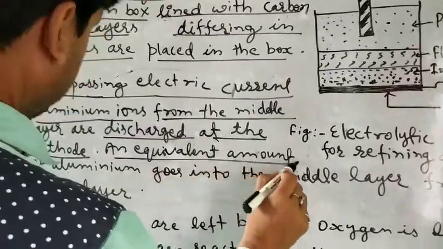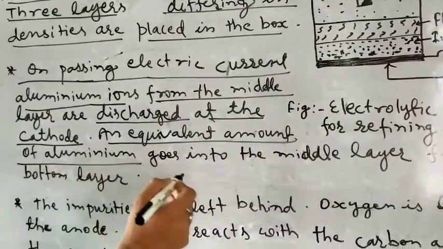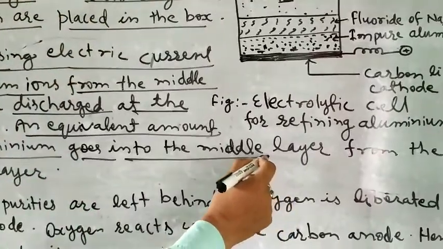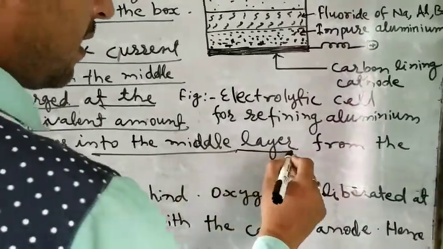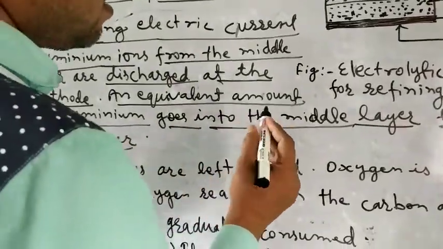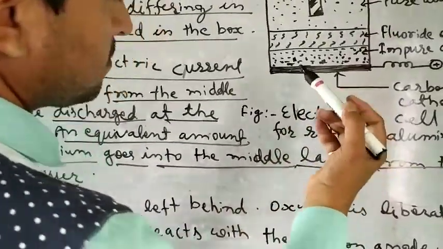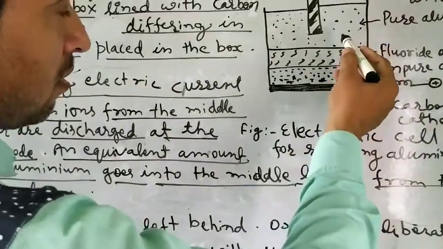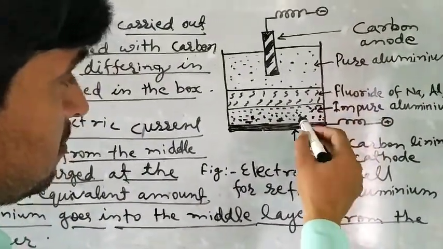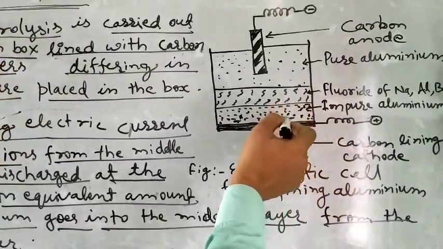An equivalent amount of aluminium goes into the middle layer from the bottom layer. That means the aluminium which goes into the upper layer as pure aluminium takes up impure aluminium from the bottom layer.